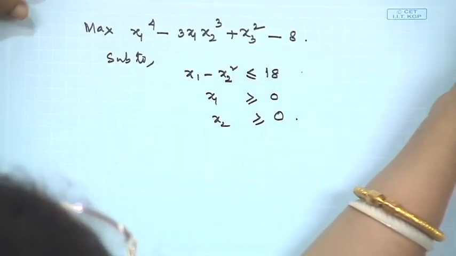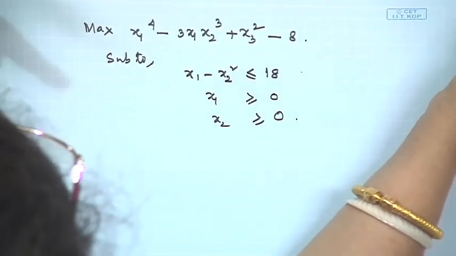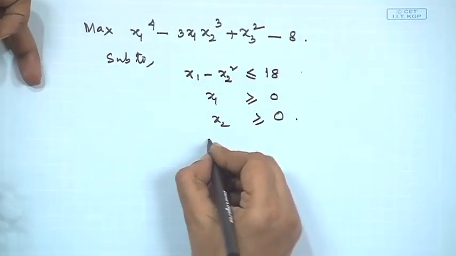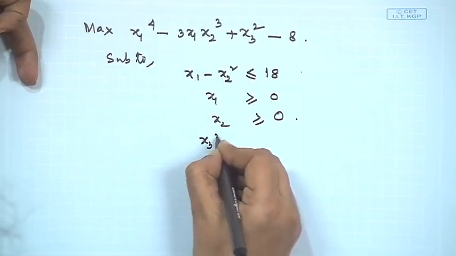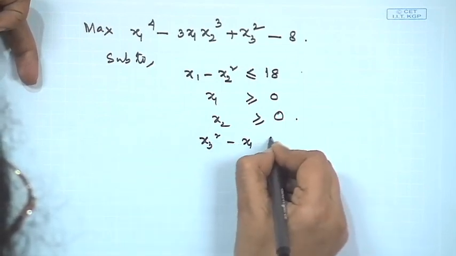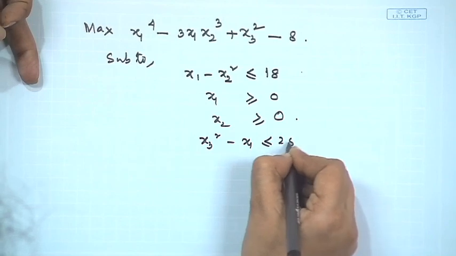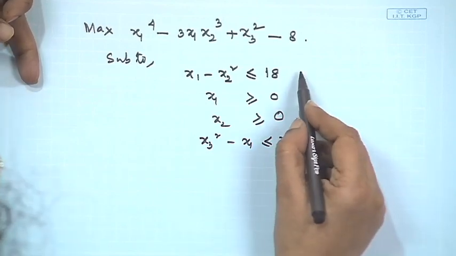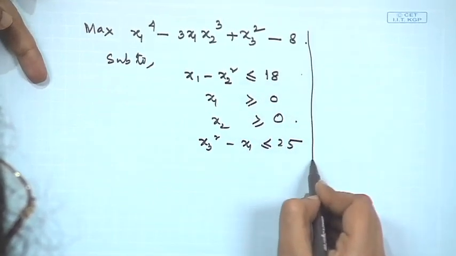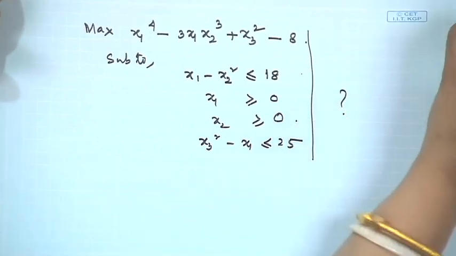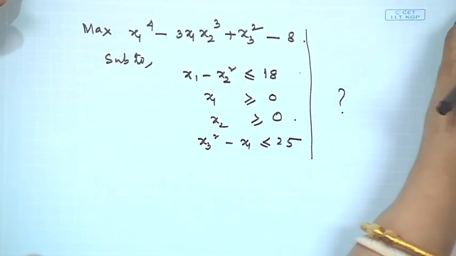Okay. And there is another constraint as well, that is x3 square minus x1 less than or equal to 25. Okay. Solve this problem and get the optimal solution for this. Thank you for today.